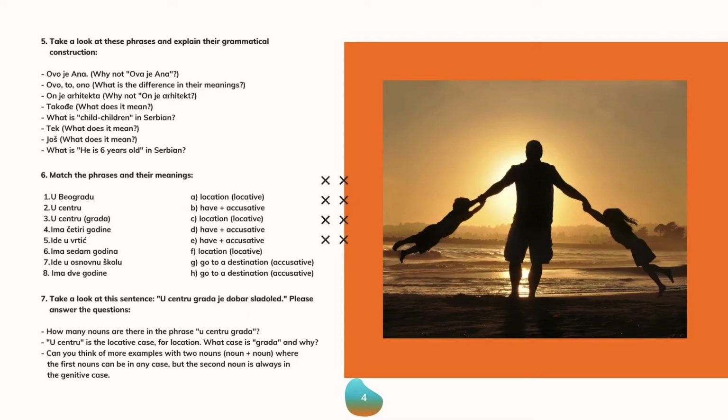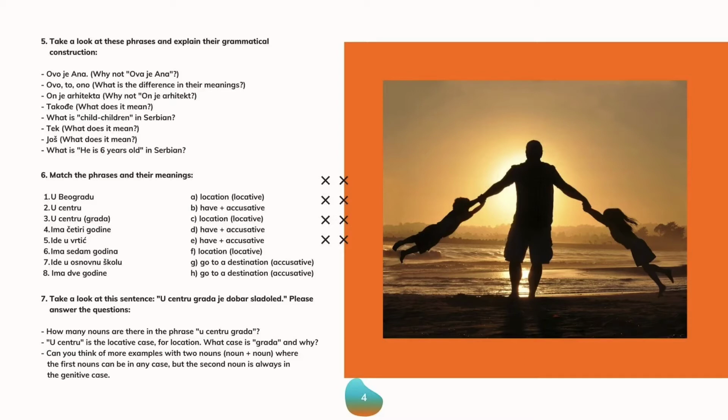In the sentence Ovo je Ana, why not say Ova je Ana? We did discuss that words describing a noun always have the same ending as the noun, at least in the nominative case. Here, ovo je Ana doesn't match.